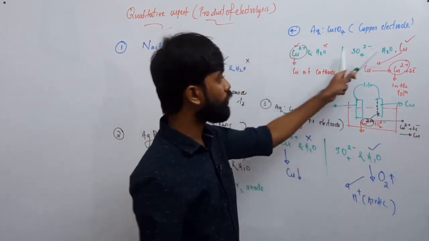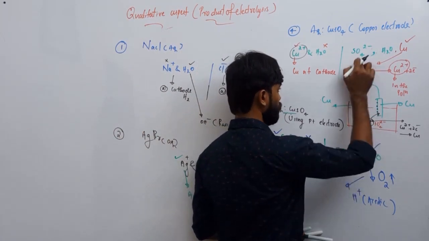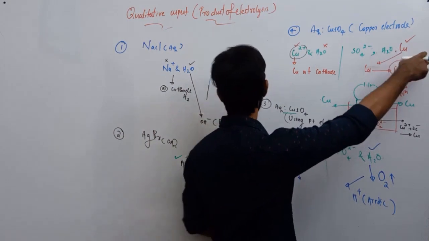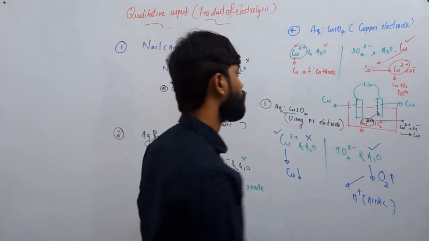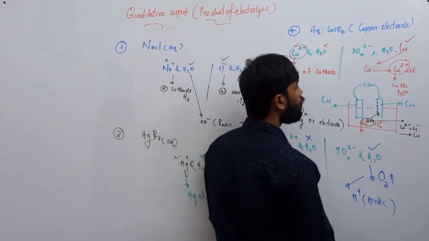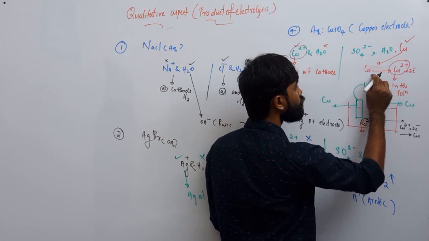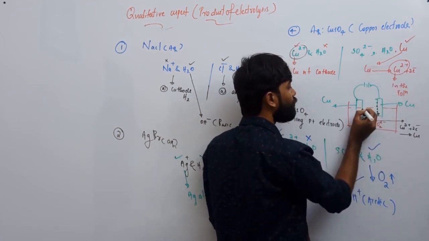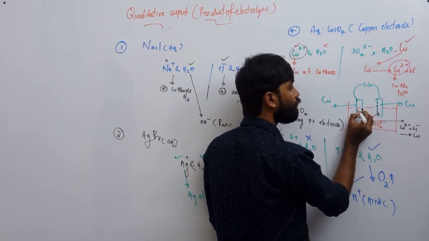Okay. Then what is the oxidation criteria? Oxidation is not for your SO4 2 minus, not for your water, it is for your copper. And that is the point which is not mentioned in the previous section discussed just before. So there is an oxidation of copper. Copper is oxidized to Cu2 plus. From where is it oxidized? From the electrode. Here we have copper.